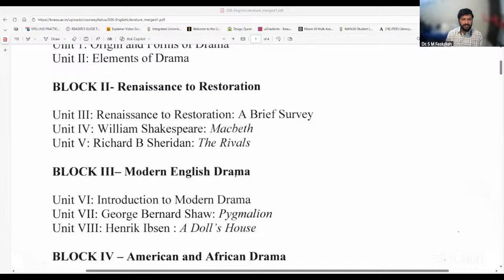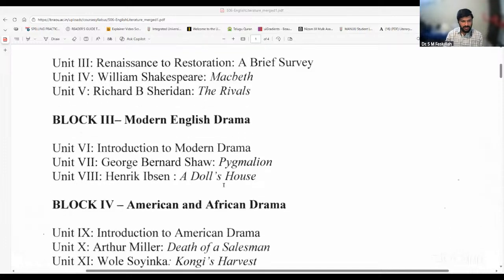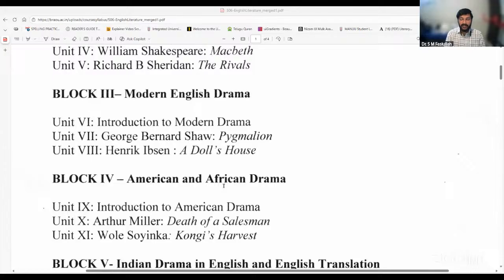Then we will move on to block 3 in this course, which is titled Modern English Drama. As you see, it is modern period. So that's why the English drama of this period is called modern English drama. Like modern English literature, modern period, right? Modern novel.